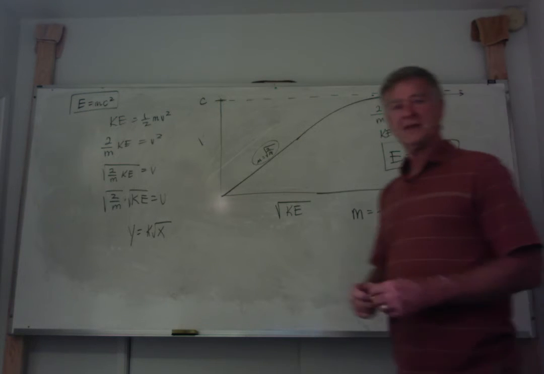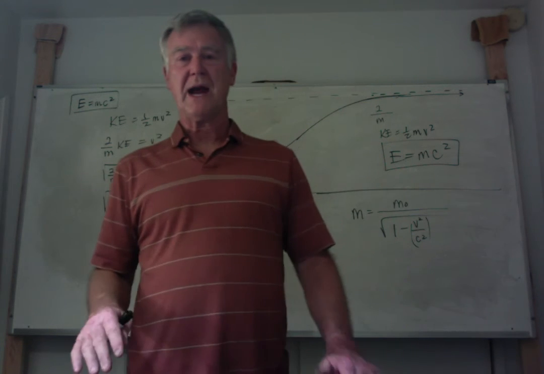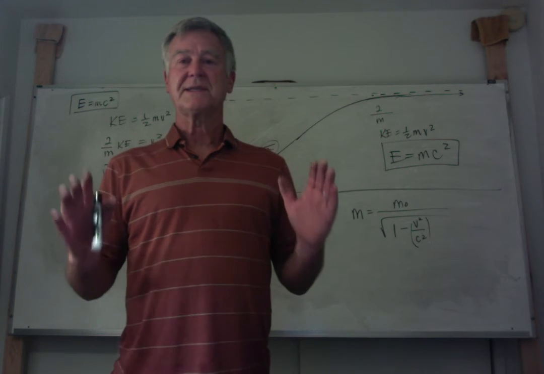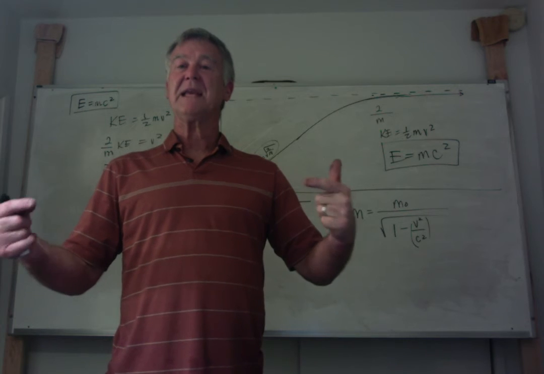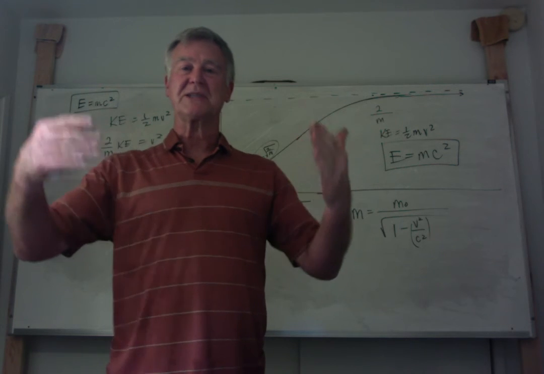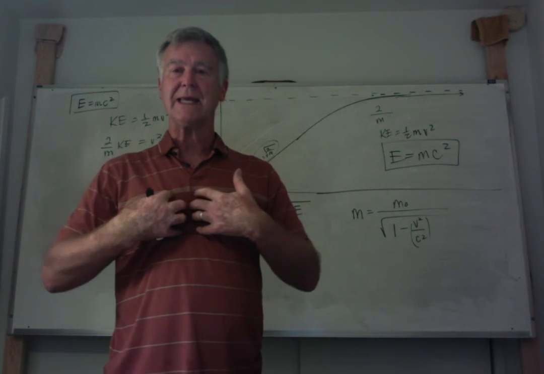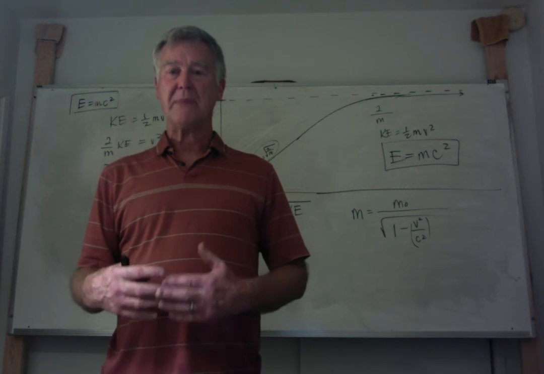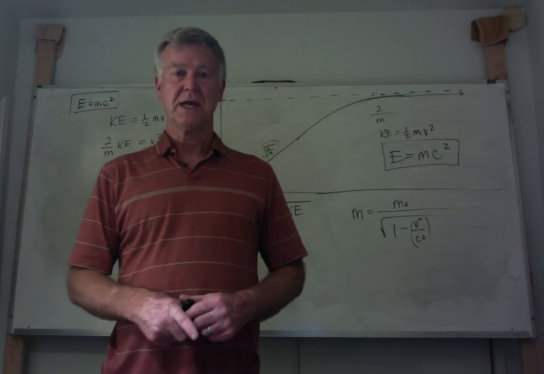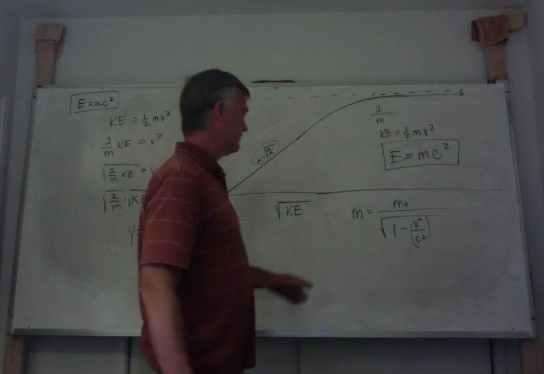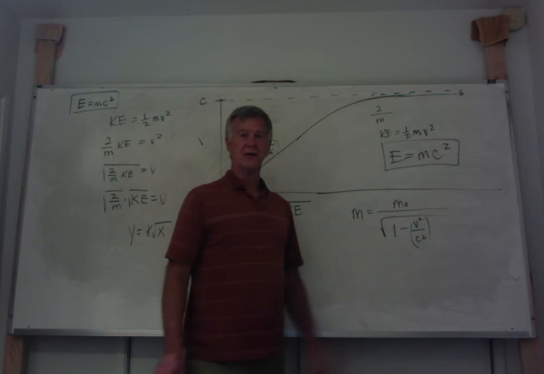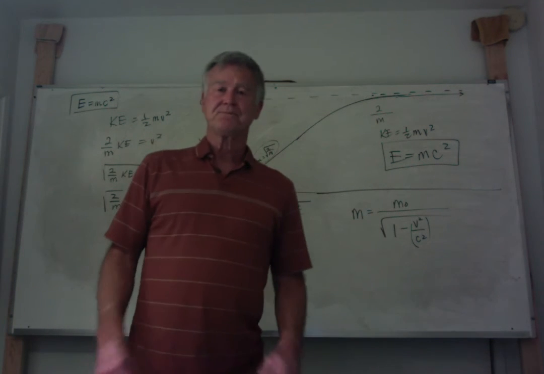So if you're traveling down the road at 60 miles per hour, some of the energy that it took to get you up to that speed has gone into your body, and you are now more massive as a result. Not much more, because 60 miles an hour is such a tiny fraction of the speed of light that we would hardly ever spot that.